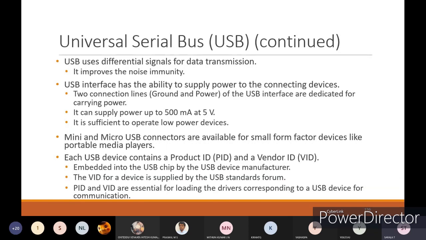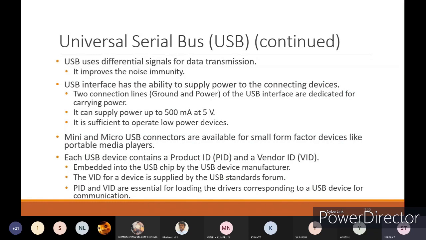The USB interface has the ability to supply power to the connected devices. Whatever the USB interface we are using, it will also supply power to the connected devices. Two connection lines, ground and power, of the USB interface are dedicated to carrying power.